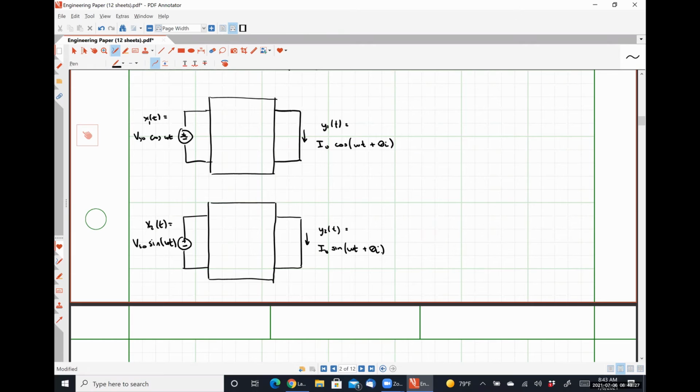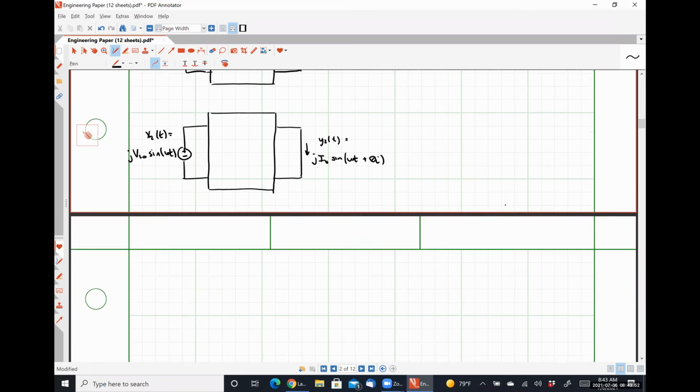If we multiply the input by some time invariant constant, we also multiply the output by that same time invariant constant. So what I'm going to do is say that there is a time invariant constant of j multiplying the input, giving me a multiple of j at the output as well.